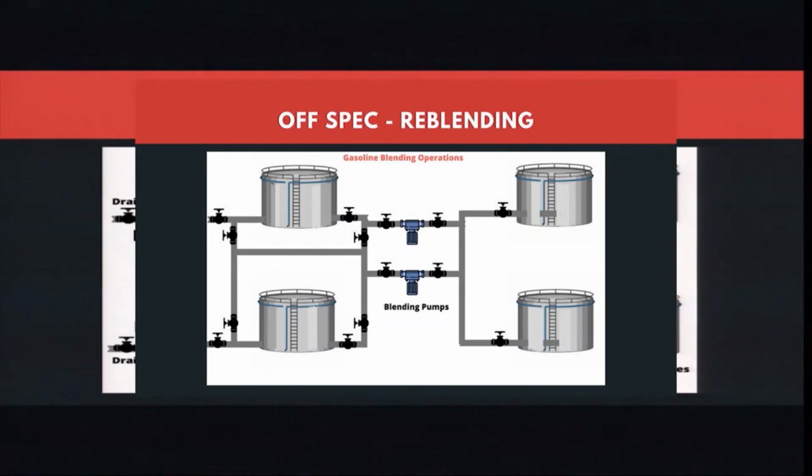Then it can be mixed with material of octane number 92 or 93, and the final product can meet the expected specification. But the problem in reblending is effort and time. We have to put a lot of effort into all the reblending, and once again the final sample needs to be tested in the lab. This is going to affect the steady state operation of a refinery unit.